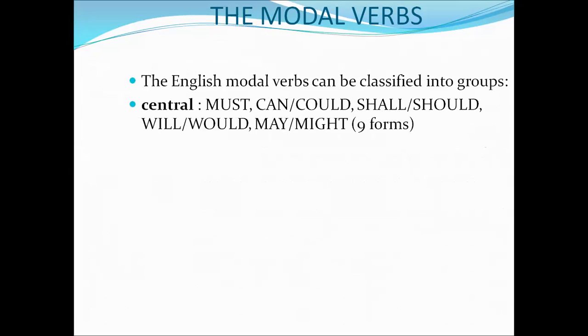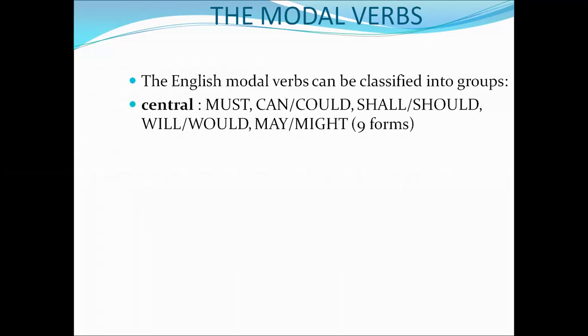So let's see the types of modal verbs. Commonly, these nine forms are called central modals. They are the frequent ones: must, can and could, shall and should, will, would, and may, might.